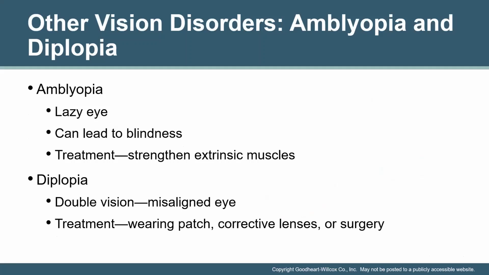Amblyopia is what we call lazy eye. It's an abnormal dominance of one eye, being a lot stronger in vision as well as mobility. Okay, this has a lot to do with those eye muscles.